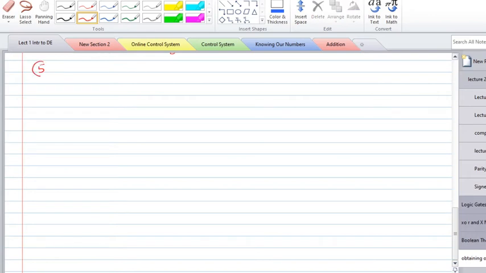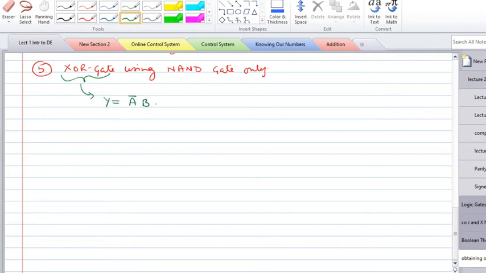Now XOR gate using NAND gate only. Again the rule will remain the same. Start with the functionality of XOR gate, that is Y is equal to A bar B plus A B bar, taking 2 times bar, A bar B plus A B bar bar, and then another bar.